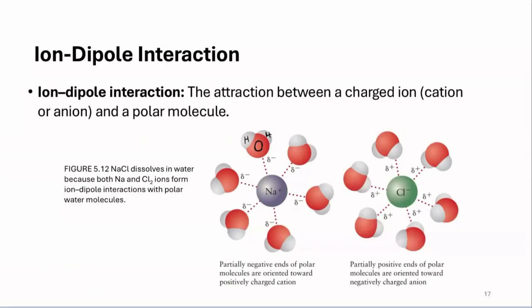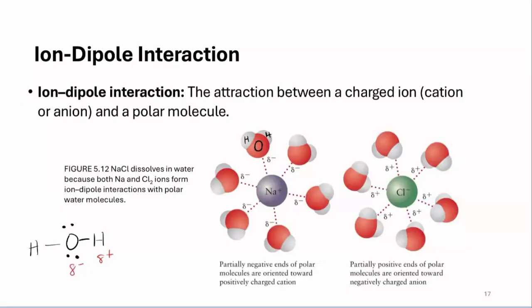We recently observed how water is a polar molecule, and let me just draw it on the side. When we look at the electronegativity difference between oxygen and hydrogen, hydrogen is electropositive, so partial positive. Oxygen is more electronegative, so we assign a delta negative.